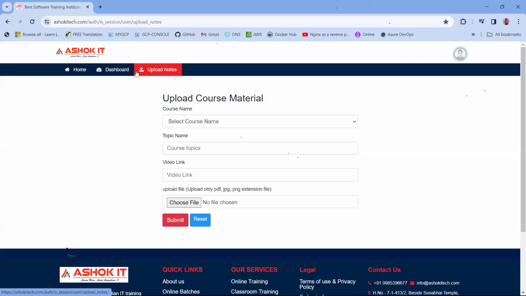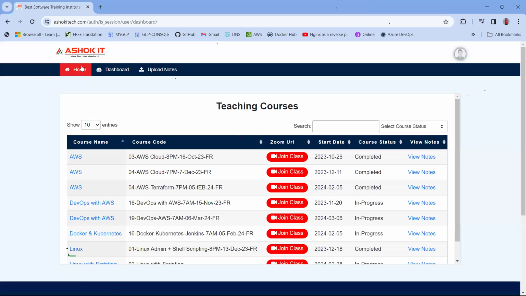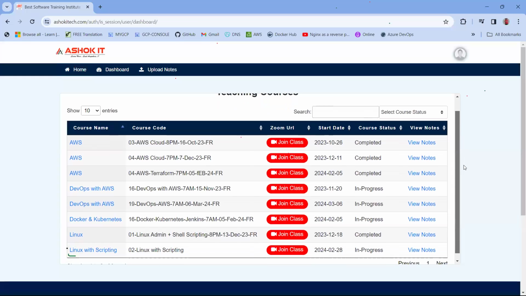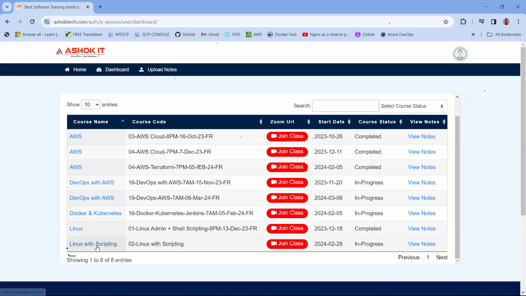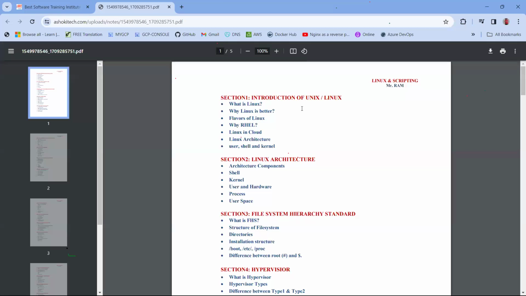Here, in the Ashok IT dashboard, Linux with scripting. The View notes option is there. Under View notes, download the Linux introduction part. And I have also shared the syllabus copy. So the complete syllabus overview is also there, step by step.